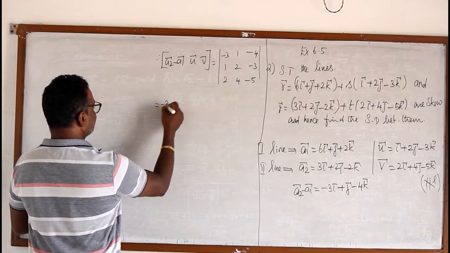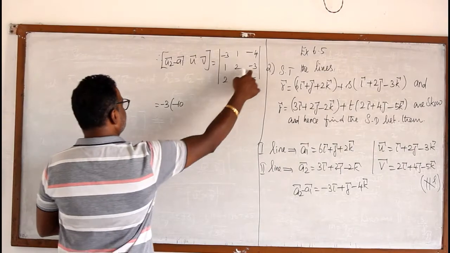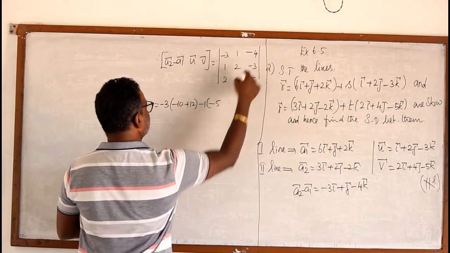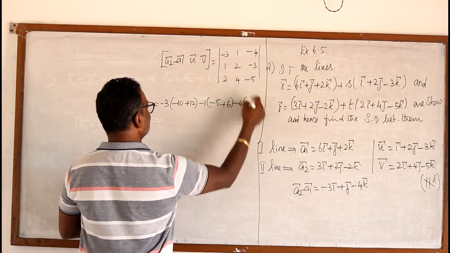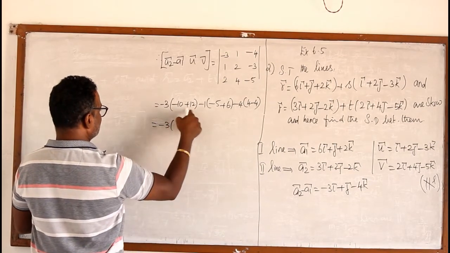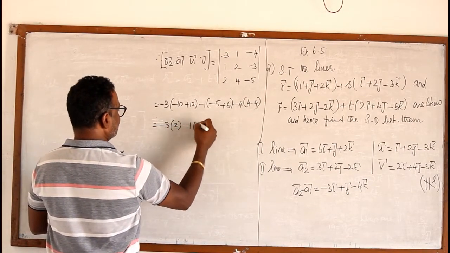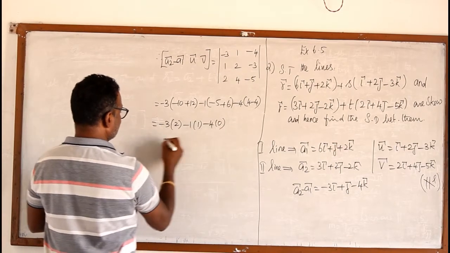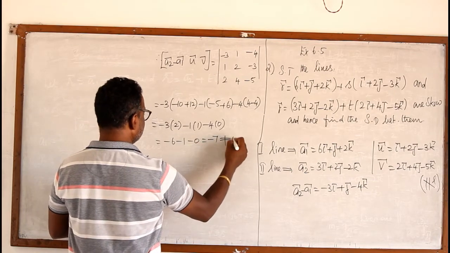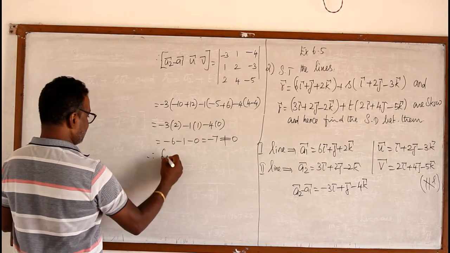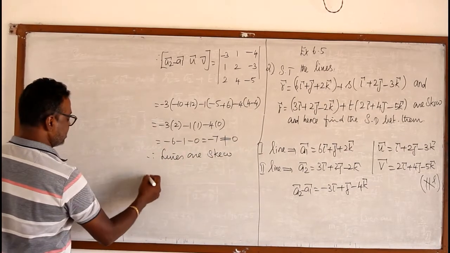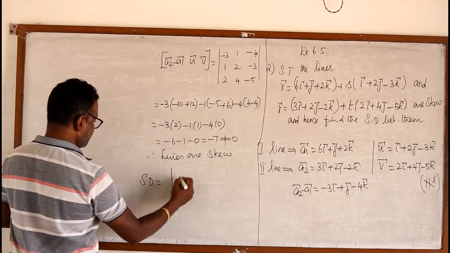Expanding: minus 3 into (minus 10 plus 12), minus 1 into (minus 5 plus 6), minus 4 into (4 minus 4). It is minus 3 into 2, minus 1 into 1, minus 4 into 0. It is minus 6 minus 1 minus 0, which is minus 7. See, not equal to 0. Therefore, lines are skewed.